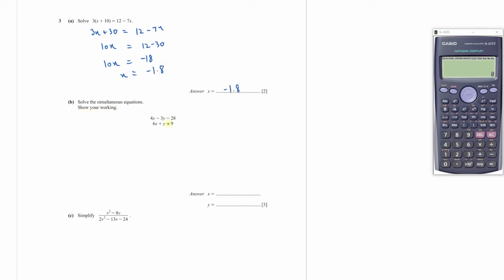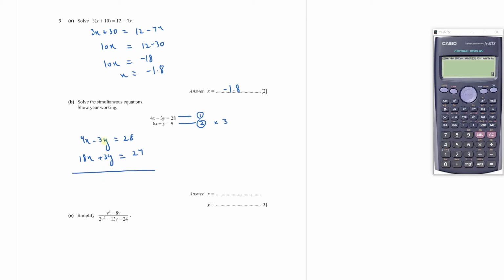Part B is solve these simultaneous equations. So let's call this equation 1, this as equation 2. So if I multiply this equation by 3, I will get 3y here, and then I can add these two equations to eliminate the y variable. So I will get 4x minus 3y equals 28 as it is, and then multiply this by 3, I will get 18x plus 3y equals 27.